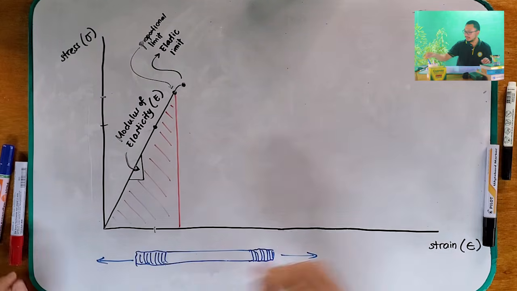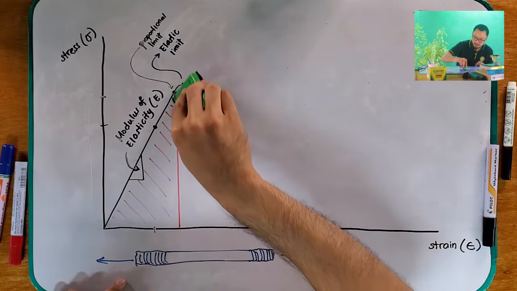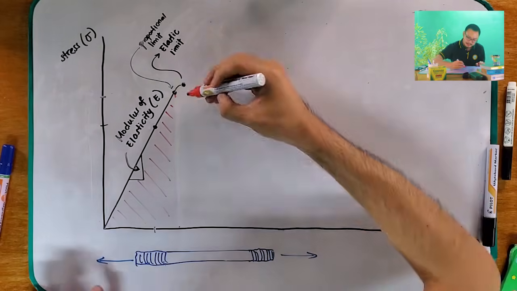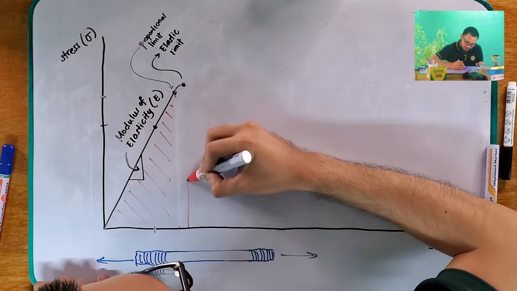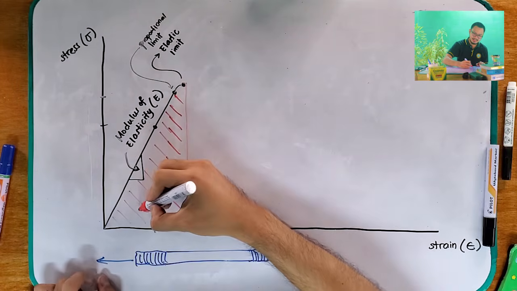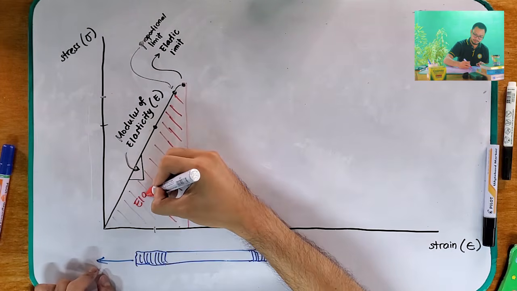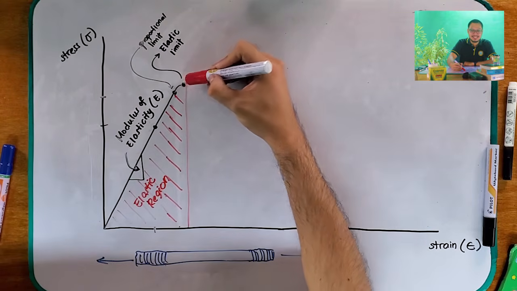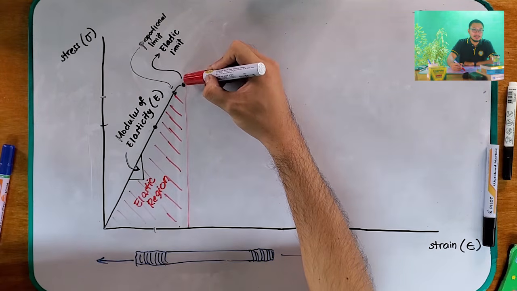So therefore, dili lang day nakutob dira ang atong elastic region, but in this portion right there. So this is your elastic region. Okay, so maoni diri na ni end ang pagka-elastic sa imong specimen.